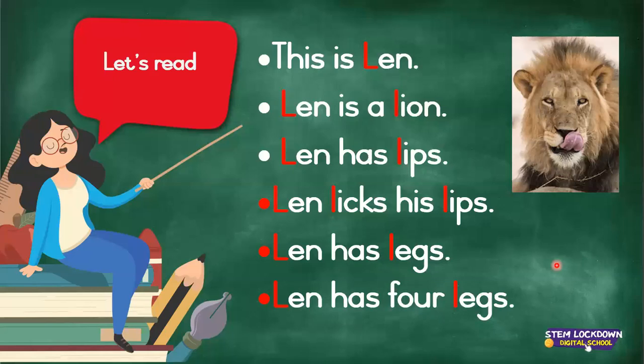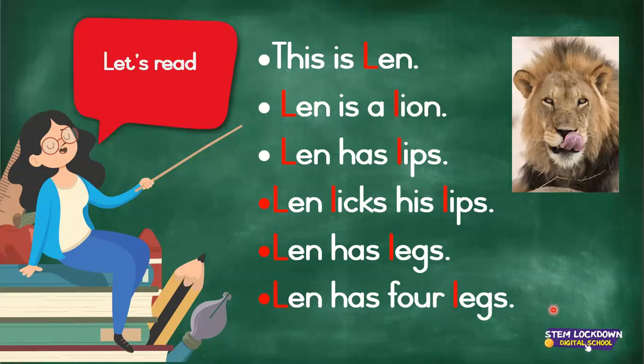Let me repeat that instruction again. I've written some sentences here and we've got L words in red. I want you to write another sentence on your page. No, you're not going to do any writing now. You're going to do this when we finish.